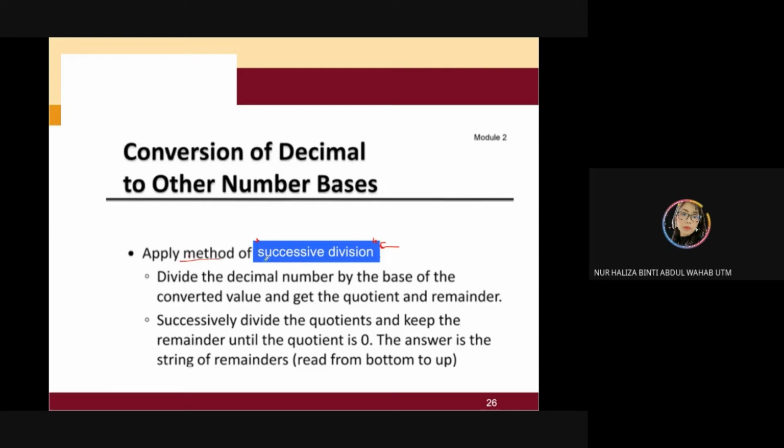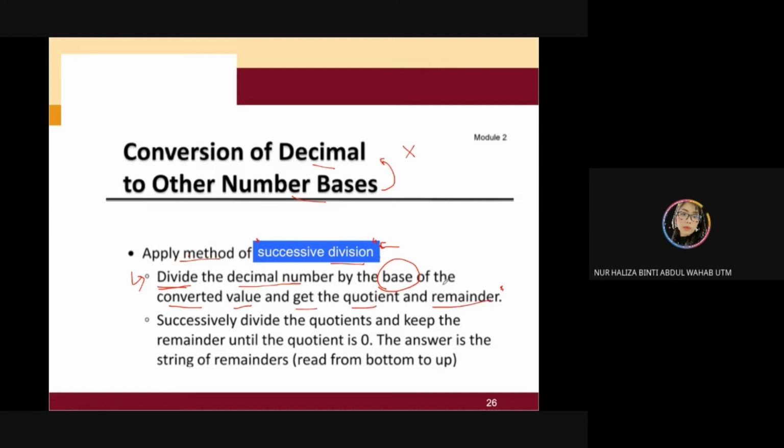Apply a method of successive division for converting decimal to any number base. What you need to do is first you need to divide. For any base to decimal, what you always do is multiply. Now, vice versa, you're going to do divide or divisions. Divide the decimal number by the base of the converted value and get the quotient and remainder.